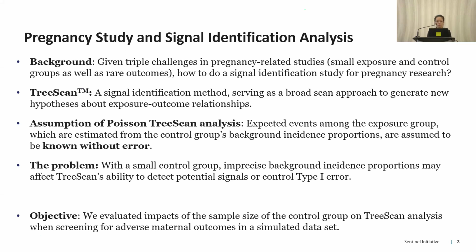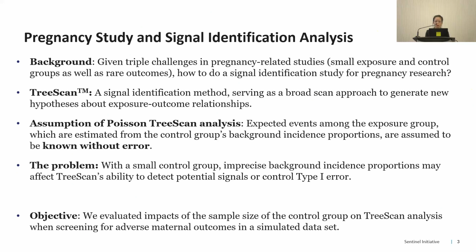So one of the signal identification methods is tree scan, which is a broad scan approach to generate new hypotheses about exposure outcome relationships. I will have a brief overview about tree scan in the next slide. But here I want to introduce the problem of how we want to use tree scan in pregnancy research.